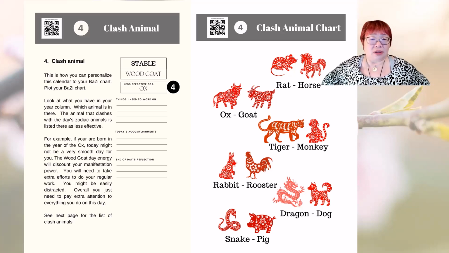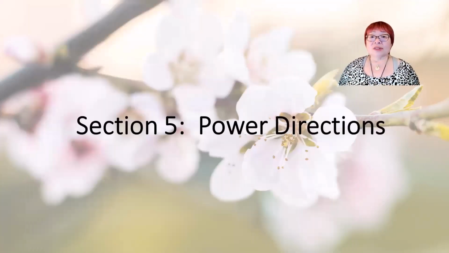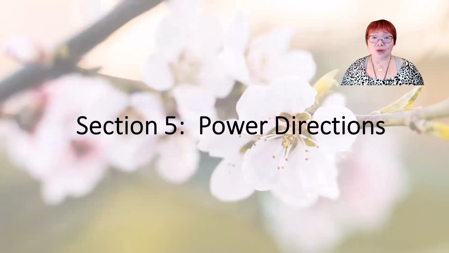Double check everything, your work details, and make sure your gas is filled up, so you're not driving on the highway and go, oh, I forgot to fill up the gas tank, right? You don't want to do that. So on a clash day, just pay a little more attention. That's what this is for, just as a reminder. So section 5, power direction.